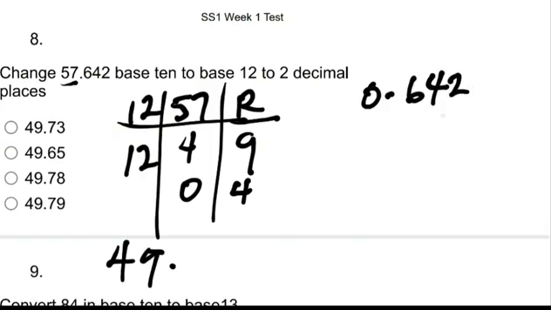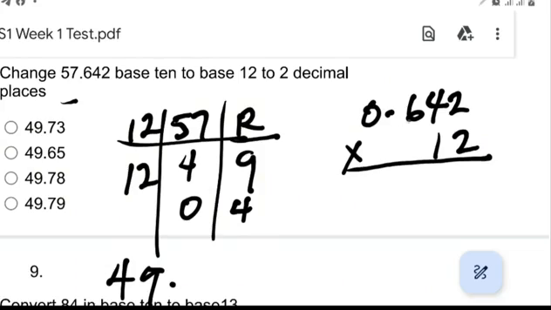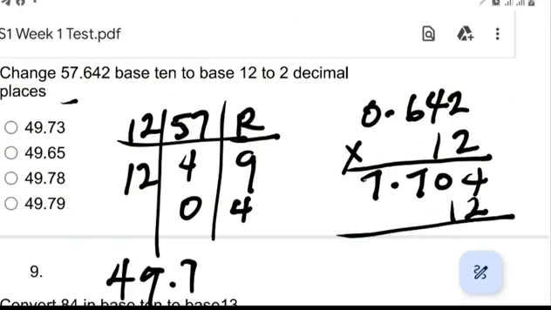0.642 multiplied by what? 12. So you do the normal way of multiplication and see what you're going to get. By the time you multiply 0.642 by 12, you can use your calculator, you are going to get 7.704. So 7 will be the next digit. Multiply by 12 again.